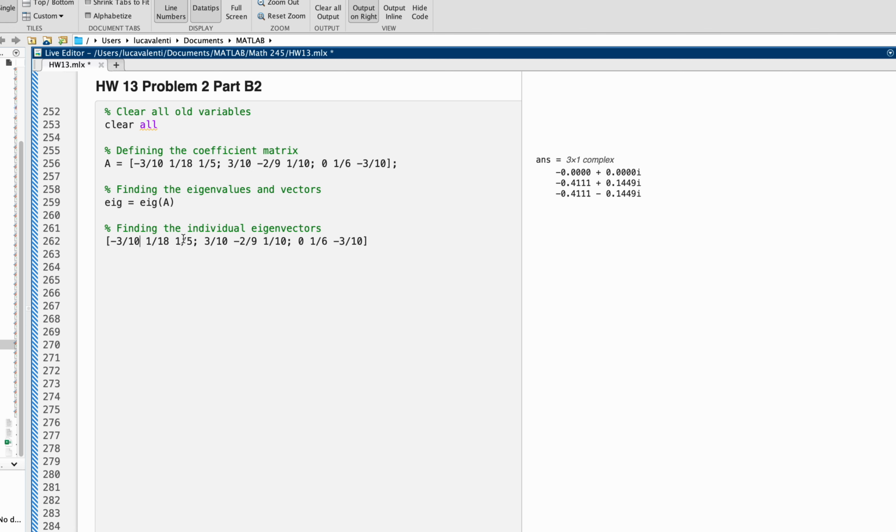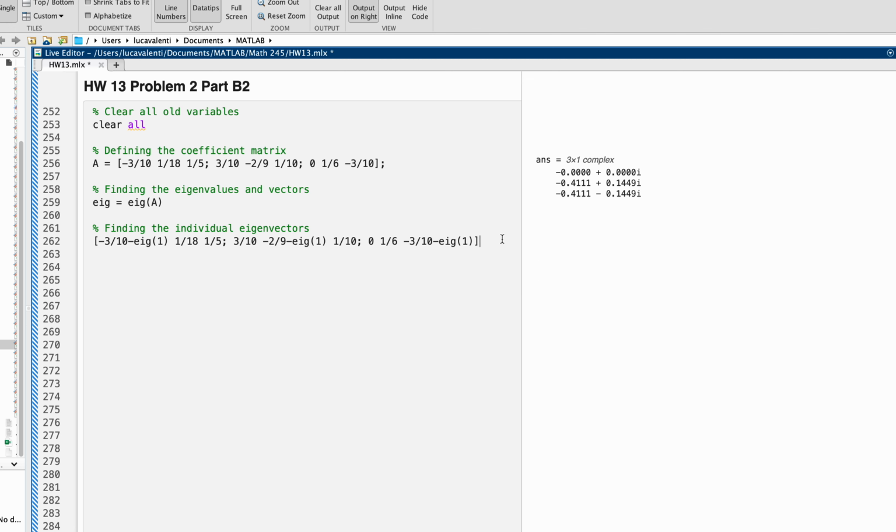And I'm going to subtract the first eigenvalue, which is going to be eigen 1, from the first entry here on the second row. I'm going to subtract eigen 1, and then here on the last one I'm going to subtract eigen 1. And let's just output it to see what it does. So I think it subtracted 0, 0. Basically it didn't subtract anything.